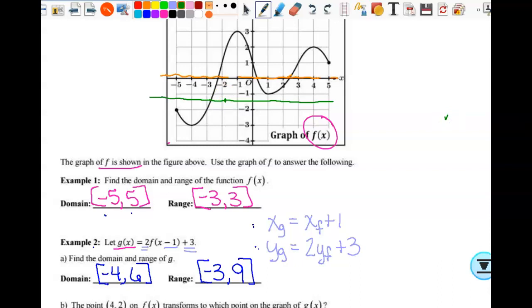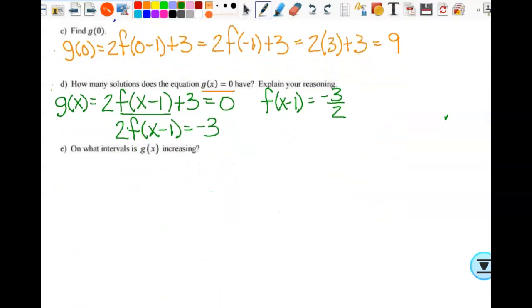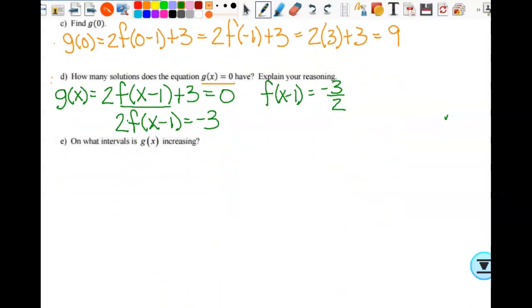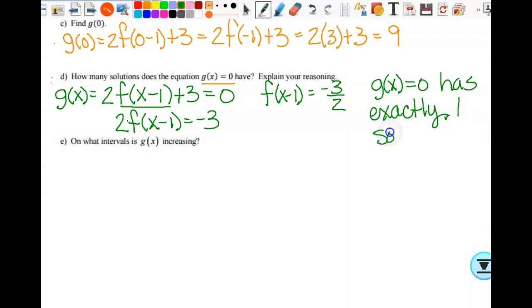But how many times does g of x equal 0? 1 time, because it intersects 1 time. So I can say then here that g of x equals 0 has exactly 1 solution.